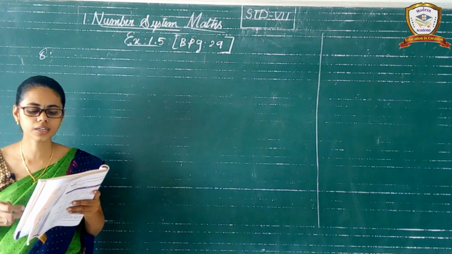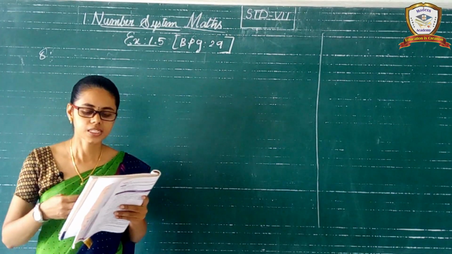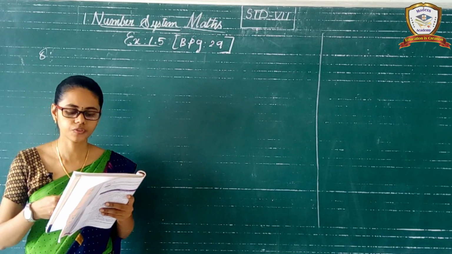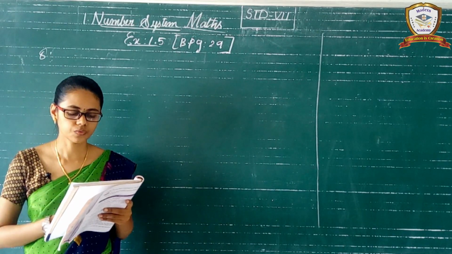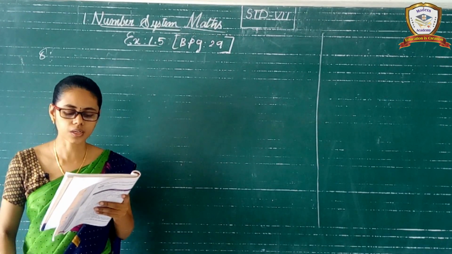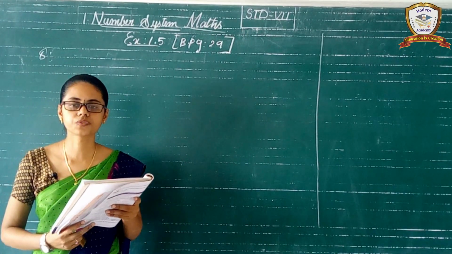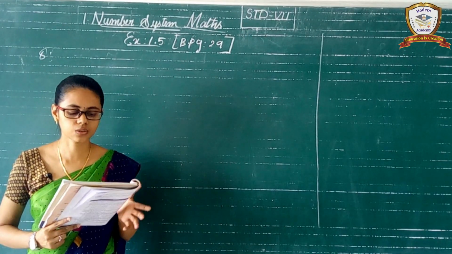During a drought, the water level in a dam fell 3 inches per week for 6 consecutive weeks. What was the change in the water level in the dam at the end of this period? So once again I read the question.